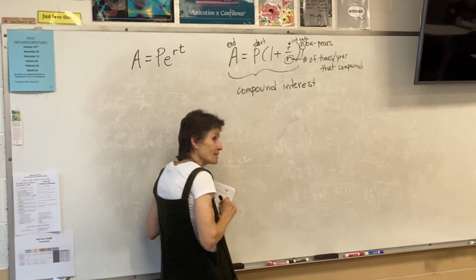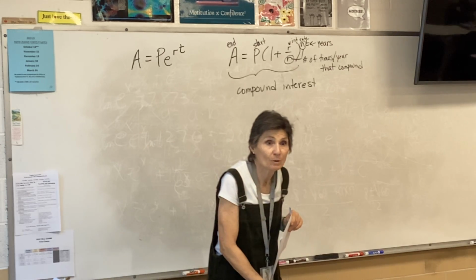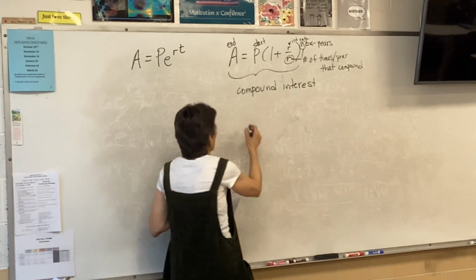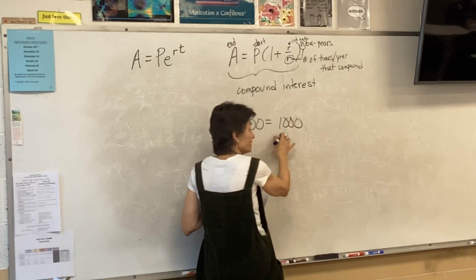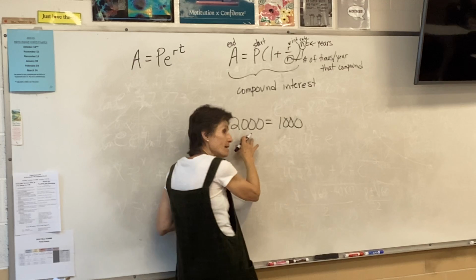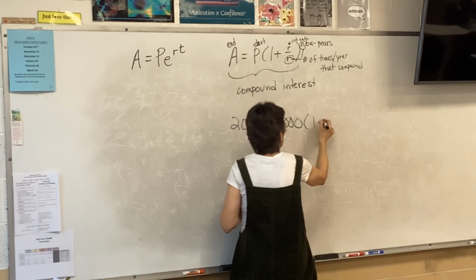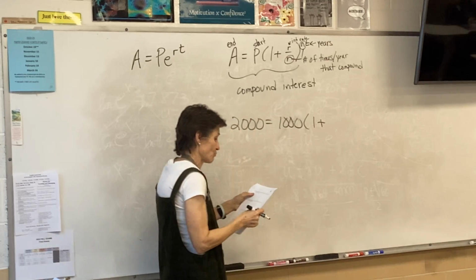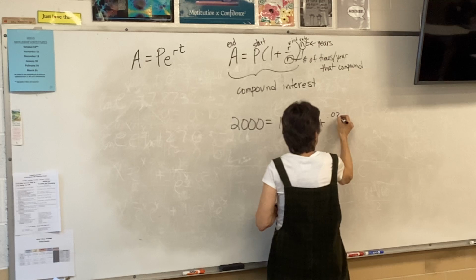Meg is a genius because she read the problem and it says I want my investment to double. So since I am starting with 1,000, then I'm going to end with 2,000 if it's doubling. What's my interest rate? 0.025.